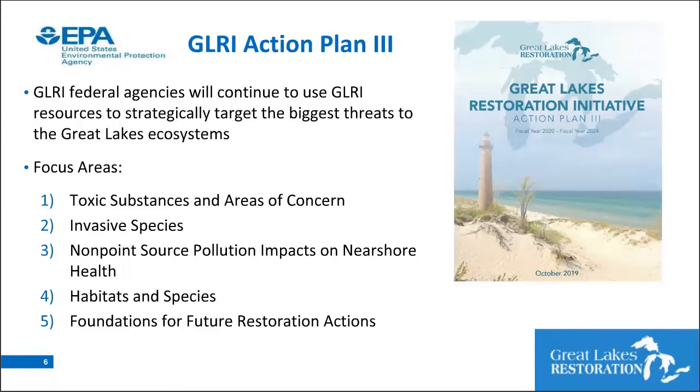GLRI Action Plan 3 outlines the next phase of work on Great Lakes environmental problems, and it lays out the necessary steps to get us closer to the day when we will be able to achieve our long-term goals for the Great Lakes.